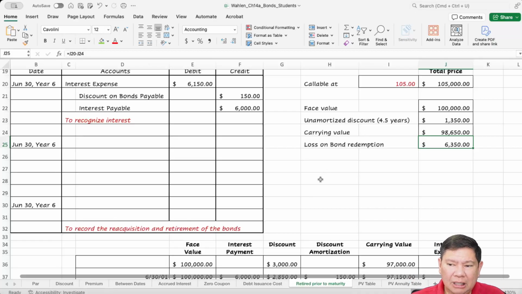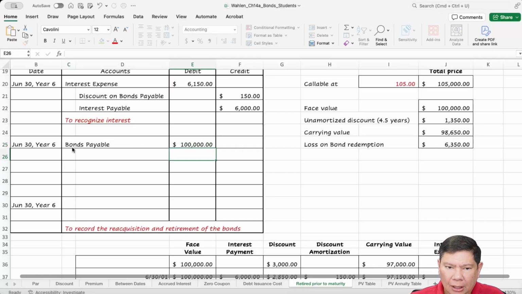but they can issue new bonds with a much lower interest rate that will benefit those companies. Okay, so the bonds payable will be canceled at face value. Okay, and then the cash that the company has to pay is the 105,000.